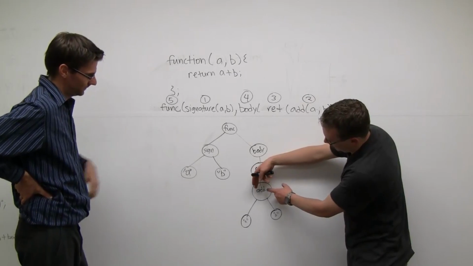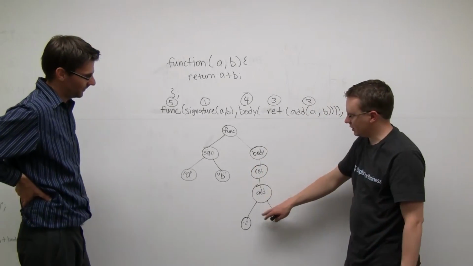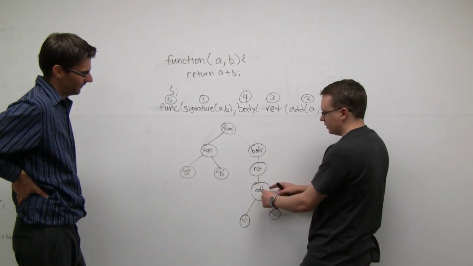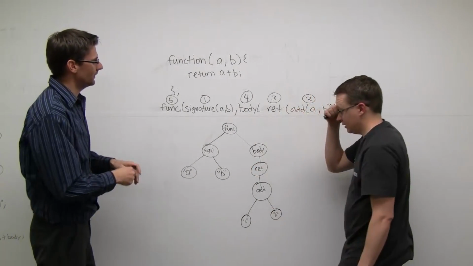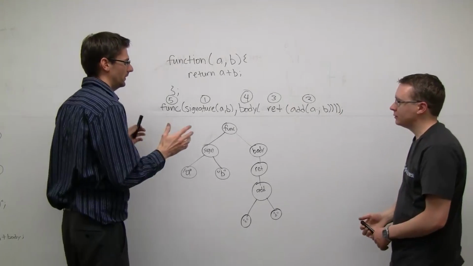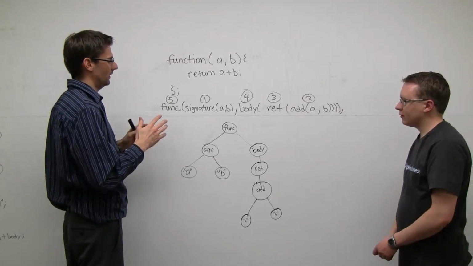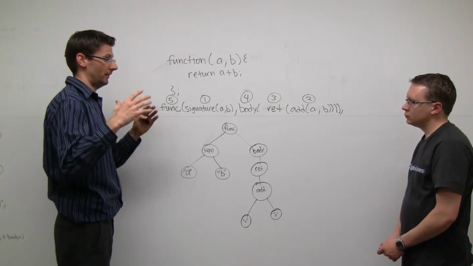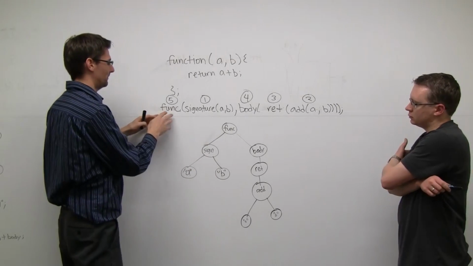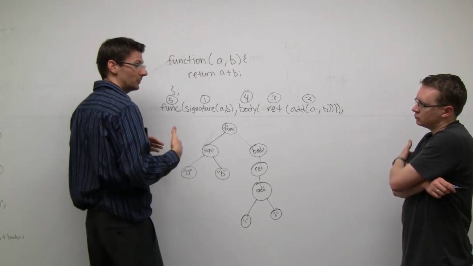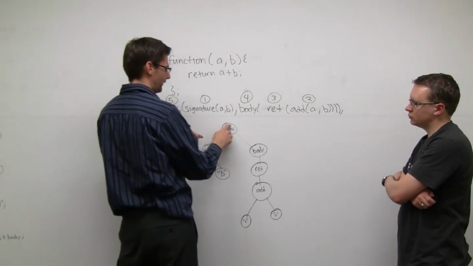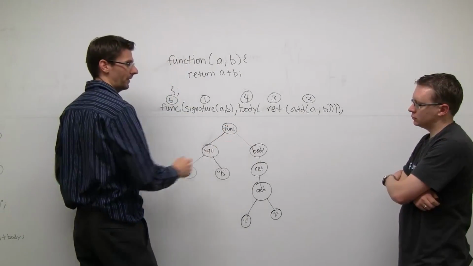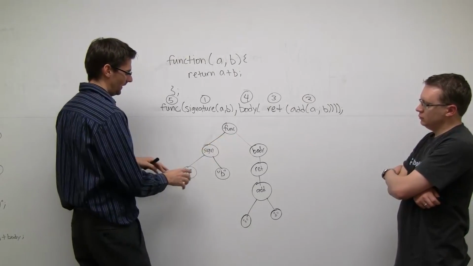This is a complex expression because we need to do some work to turn it into a value. The same for this, and this, and this. The difference between complex and value expressions is that complex ones can have arguments. Complex expressions can really just be a method. If you look at it, a function takes two parameters, signature and body.